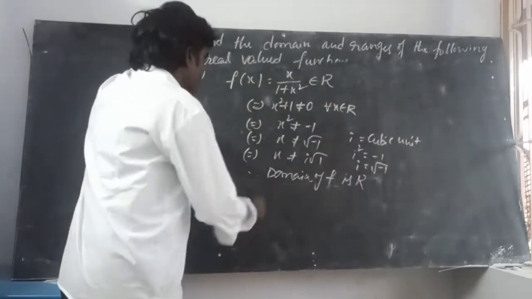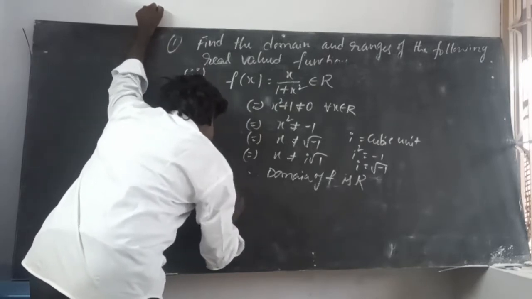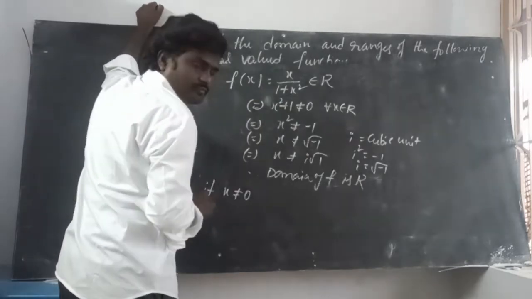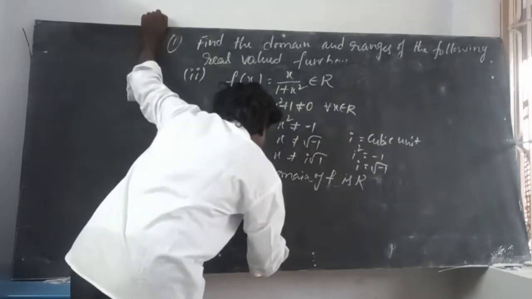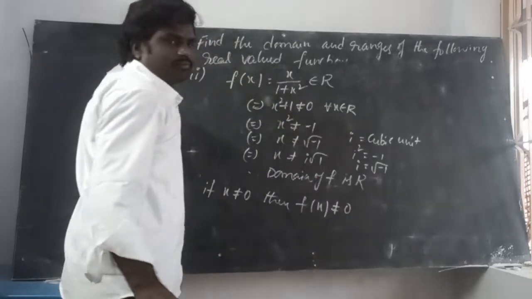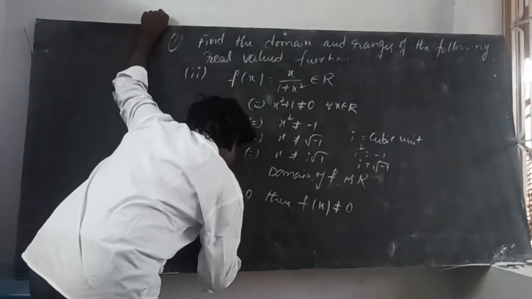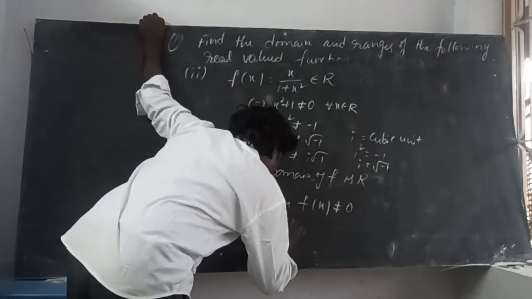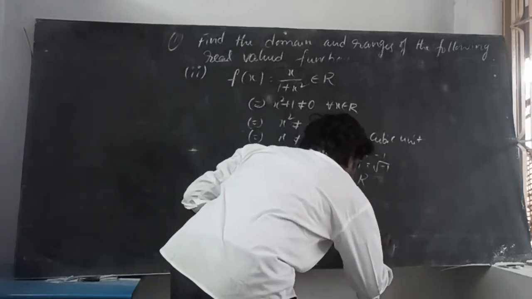Now next, range. If x is not equal to 0, then f of x is also not equal to 0. So here, let y belong to R such that f of x is equal to y.